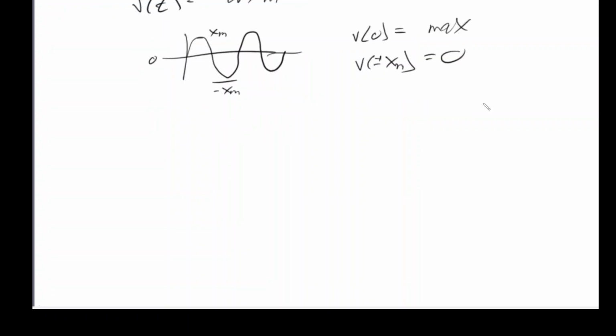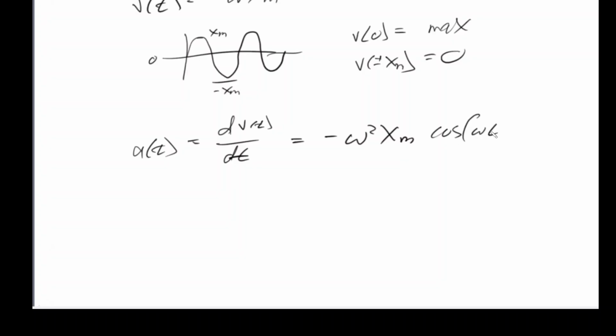Now let's look at acceleration. So acceleration is equal to dv of t over dt, which comes out to be minus omega squared xm times cosine omega t plus phi, because the derivative of the sine is the cosine.